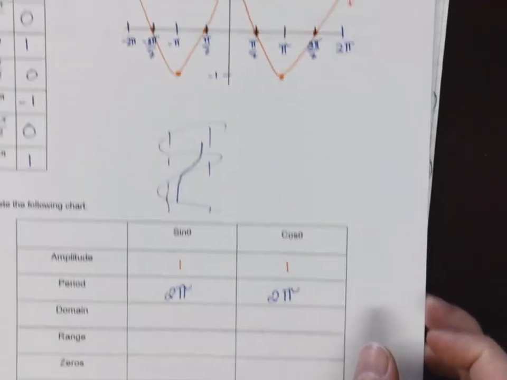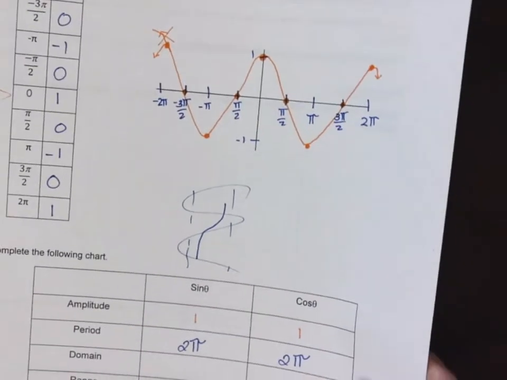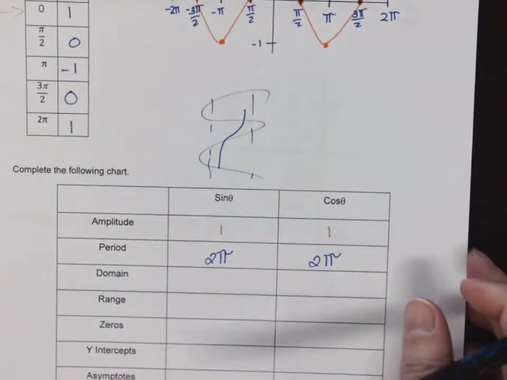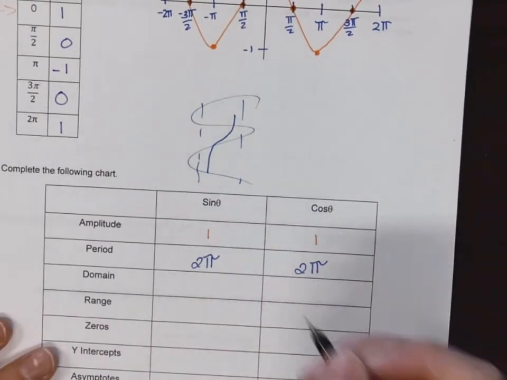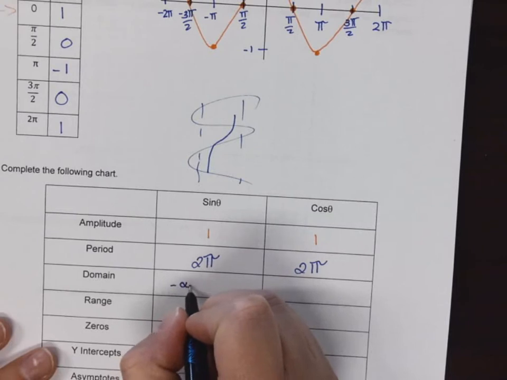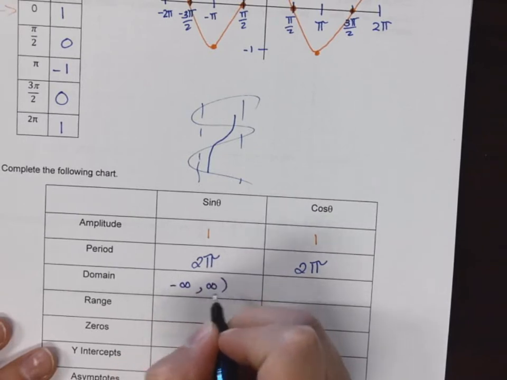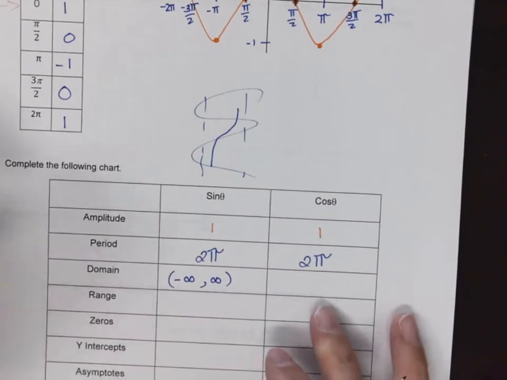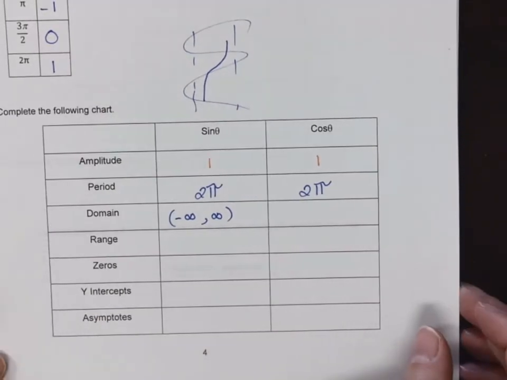Let's talk about the domain of your sine graph. The domain is negative infinity to positive infinity. What about the cosine graph? Same.